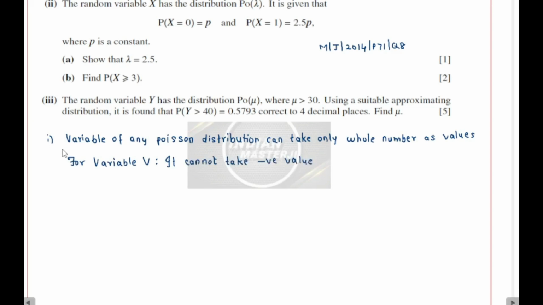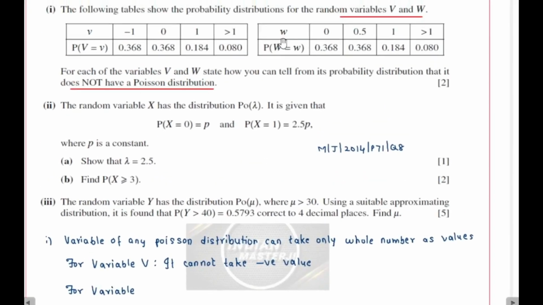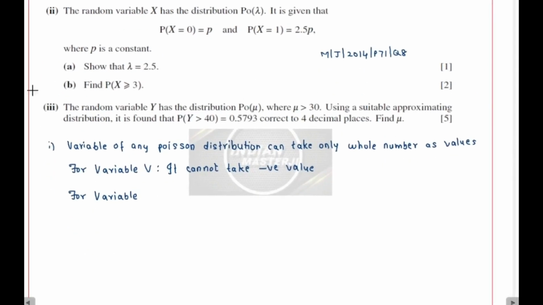And what about variable W here? If you see, variable W is taking a value which is not an integer. It is taking a decimal value, which it cannot take.